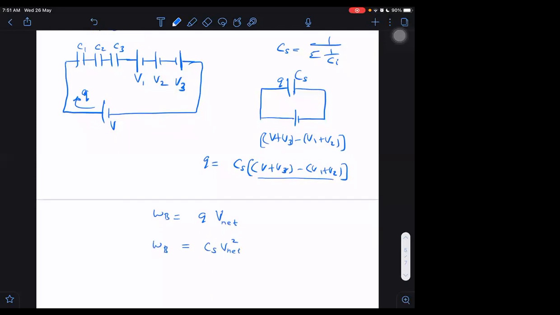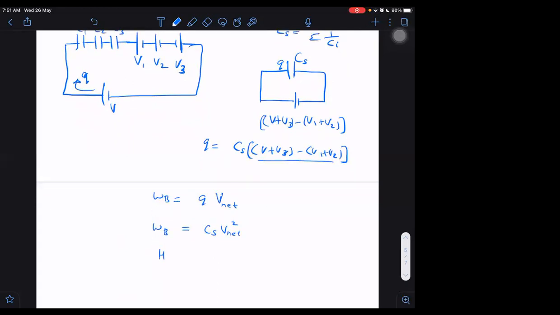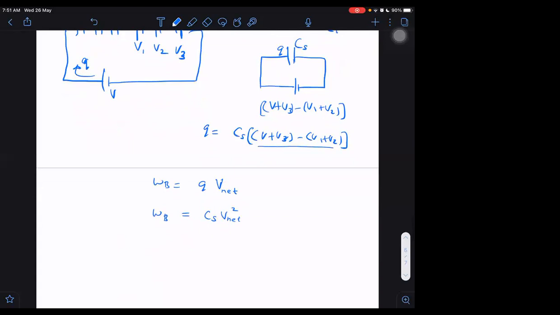What is the heat energy supplied? Heat energy will be the change in potential energy. Initially I will assume the capacitor to be uncharged in this case, and I can think what the potential energy change is. Delta U I can treat as just U final, half of C series into V net square.